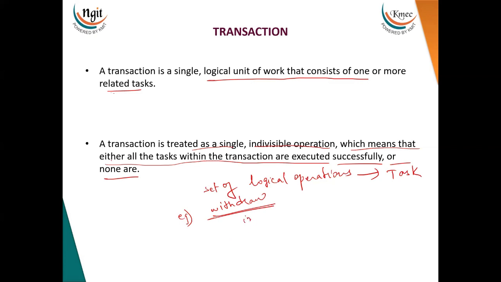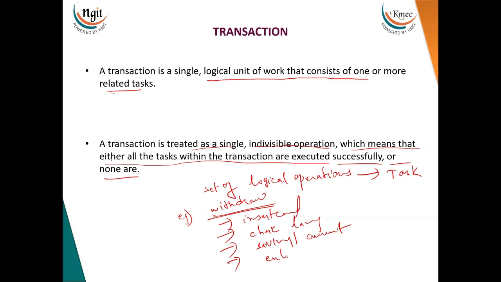Firstly, the user has to insert the card, right? And next, he has to select the language. From the screen, he has to choose the language which he is comfortable with in order to perform this withdraw transaction. And next, he has to select either savings or current account.